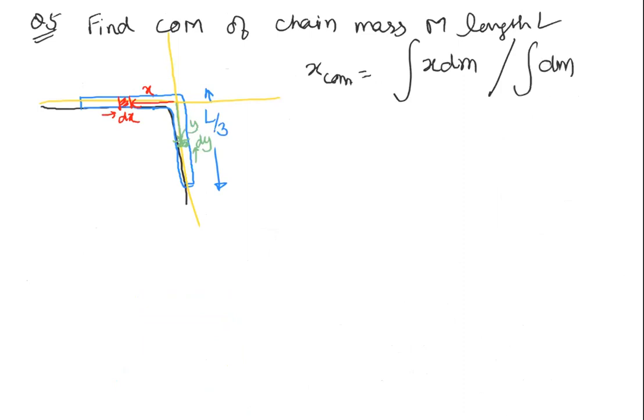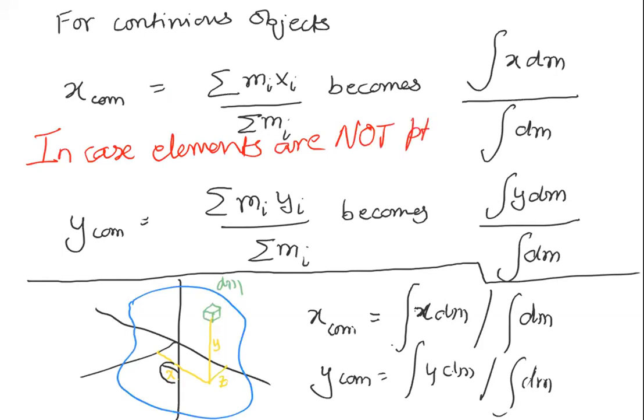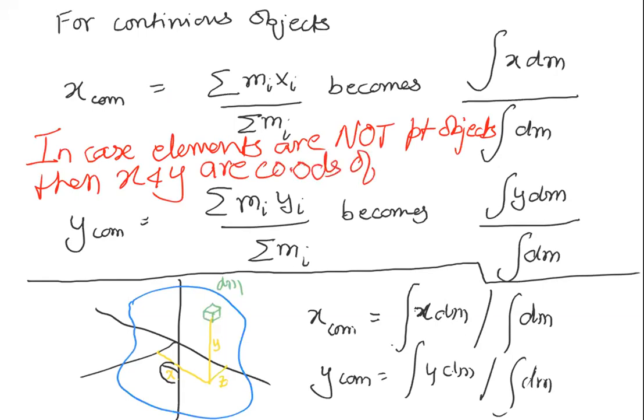And we must be very clear about one more thing which I forgot to tell. So I must write this in red. In case elements are not point objects, then x and y are coordinates of center of mass of the element.